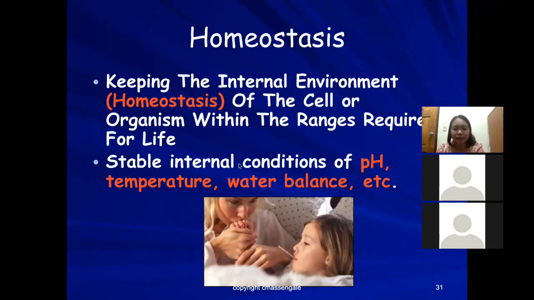So the pH, the temperature, the water balance, and others, we call it homeostasis. So if anything in our body is not balanced, then we get sick and we eventually die. So that's homeostasis. And do you know that the thing that keeps us balanced is actually the smallest part in our ear, inside our ear? So that's how we keep balance with our body. You know that?